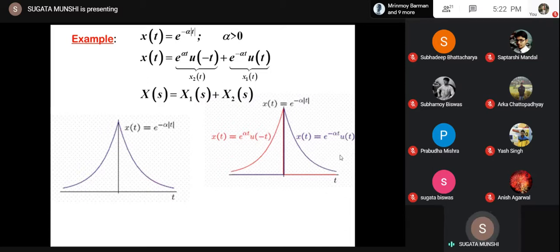Now regarding x2(t), if you reverse it in time, what will you get? It will become the same as x1(t) because x(t) has even function symmetry. So on time reversing x2(t), it will become the same as x1(t).